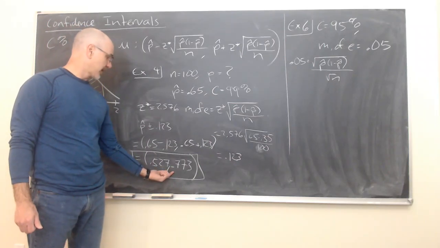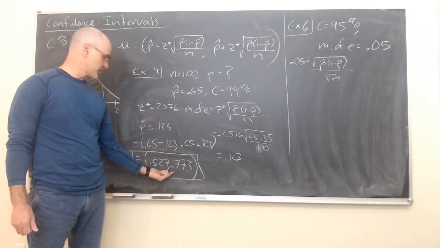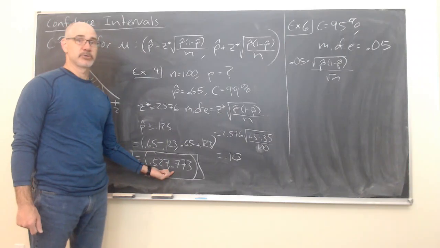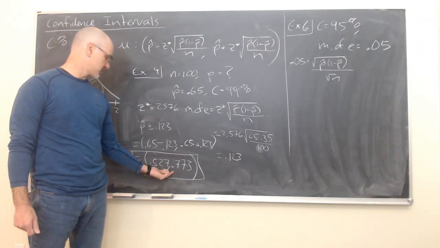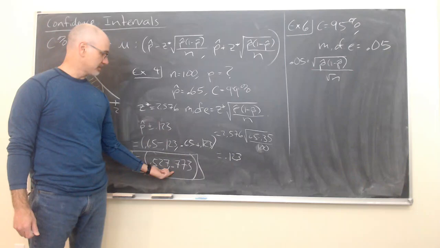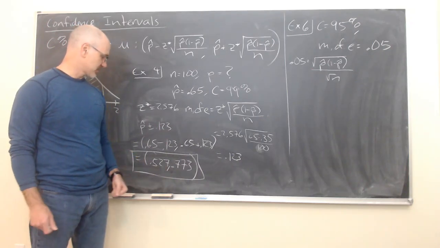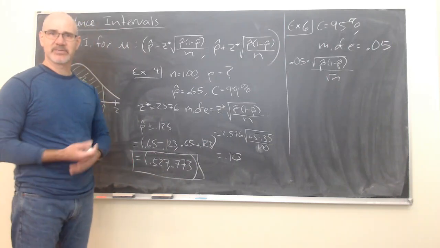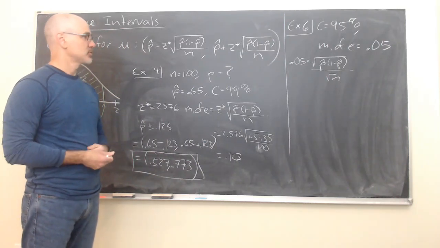So we're 99% sure that the true proportion of microchipped dogs is between about 0.53 and 0.77. Now that's a fairly wide range, right? Somewhere between 53% and 77% is not perhaps the most useful.